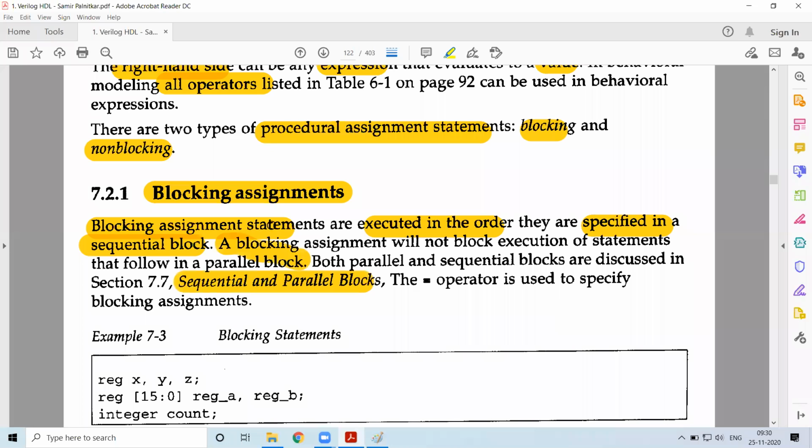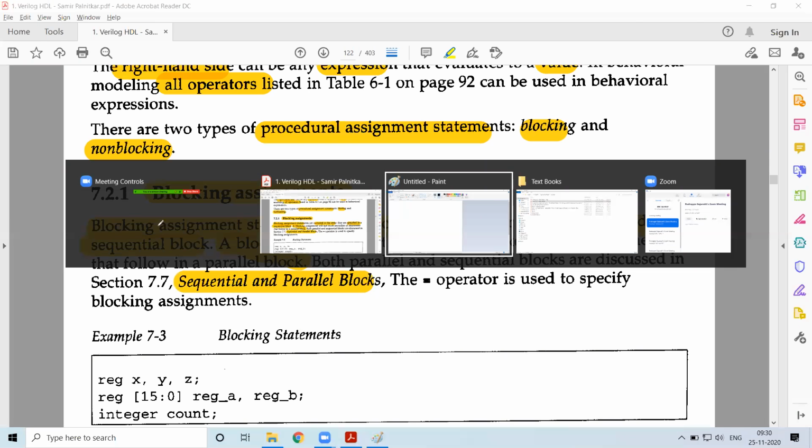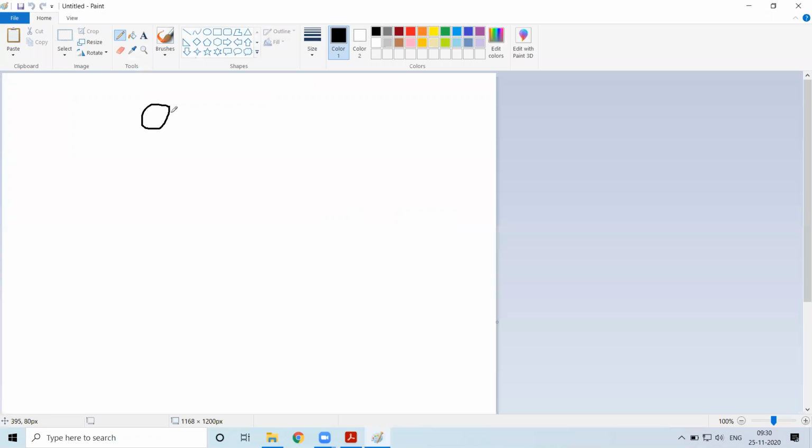What does this imply? If you remember C programming, if you write some statements like int a is equal to 0, then int b is equal to 10, and some other statements we put in.